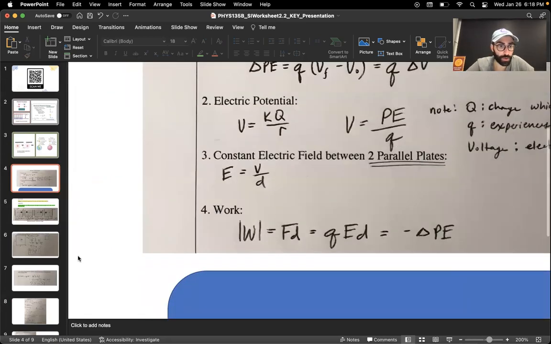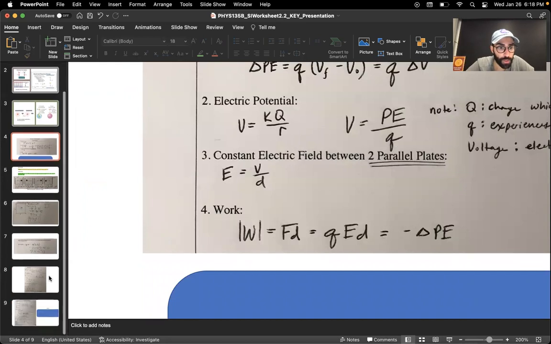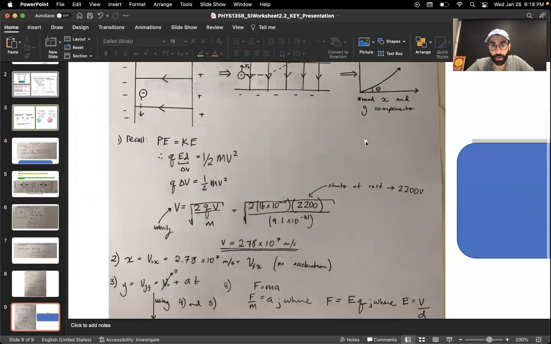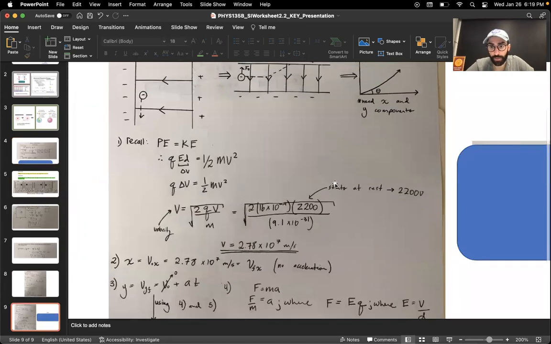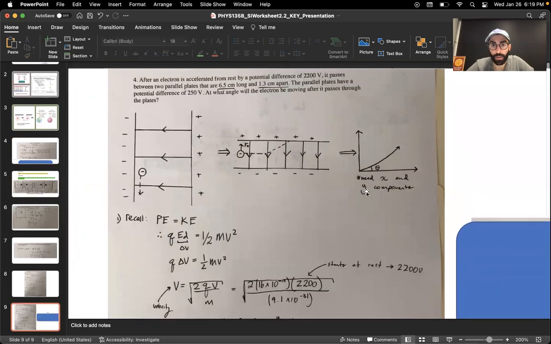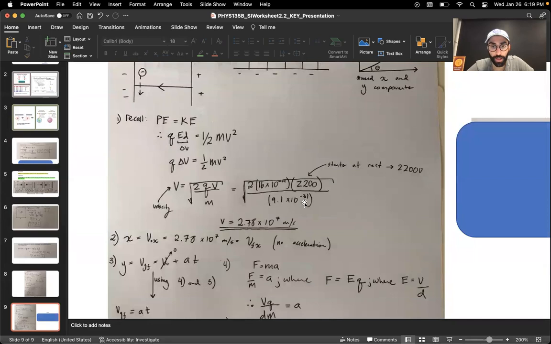So working with this equation, we want to solve for the velocity value. We multiply by 2, divide by m, take the square root, and we get this expression. For delta V, it starts at rest and the final position is 2,200, so I just plug in 2,200, clean this up, and you have a velocity.